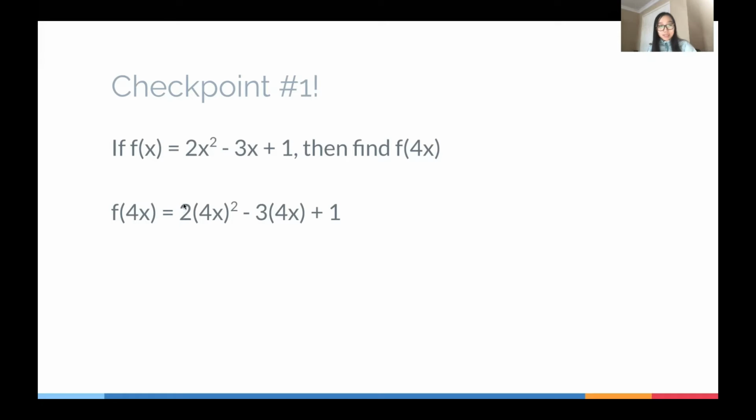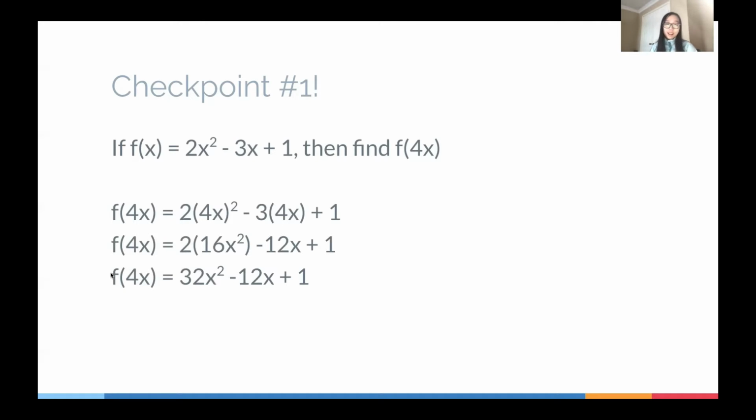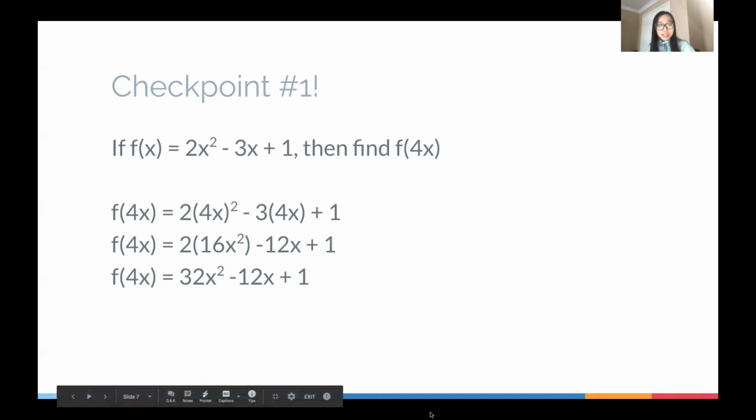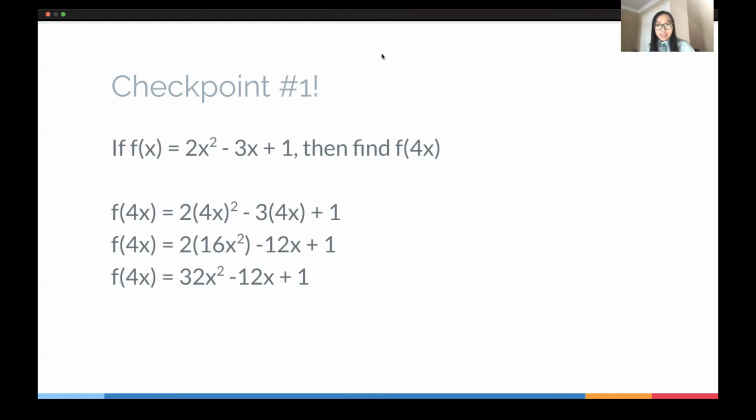So we would just do 2 times 4x squared minus 3 times 4x plus 1. And then if we continued simplifying, because 4 squared is 16 and 3 times 4 is 12, we get that f of 4x is 32x squared minus 12x plus 1. So I hope that makes sense. That is just a small warm up to get you guys started.